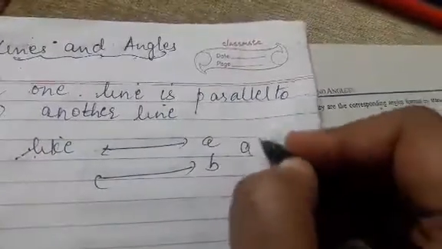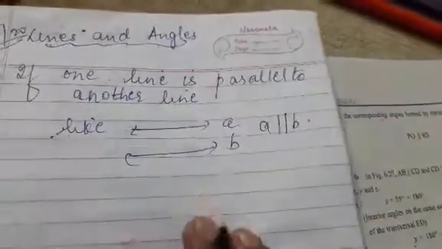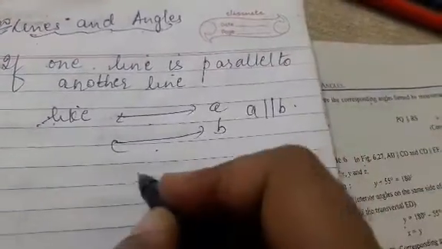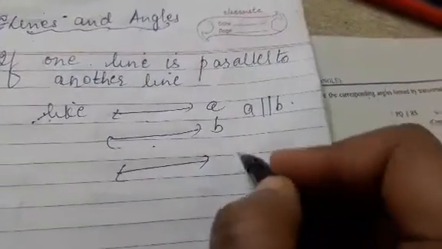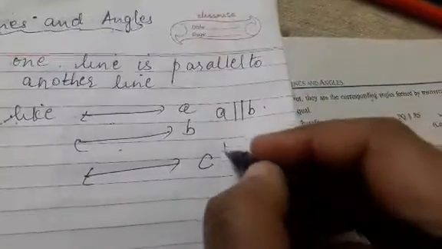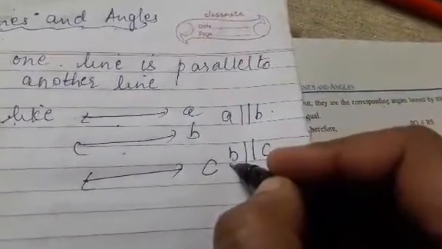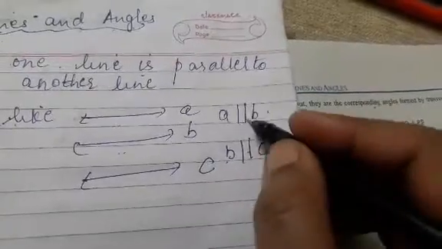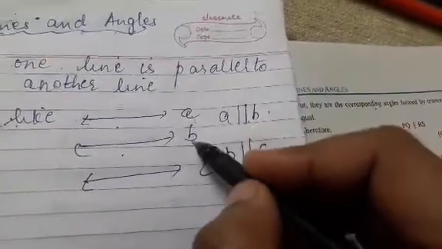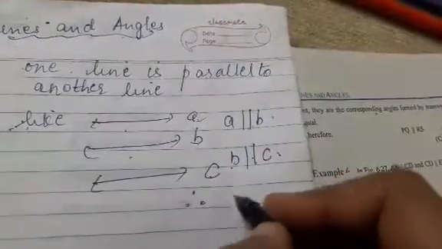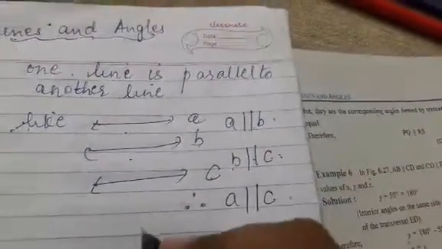Now A is parallel to B. Now if one line is parallel to another line, similarly I draw one more line, that is line C, and I write B is parallel to C or C is parallel to B. Now we can say that when we combine these two, A is parallel to B, B is parallel to C, so therefore I can write A is parallel to C, right?